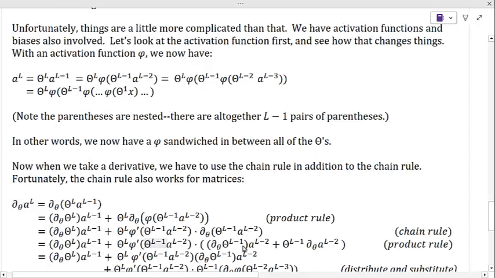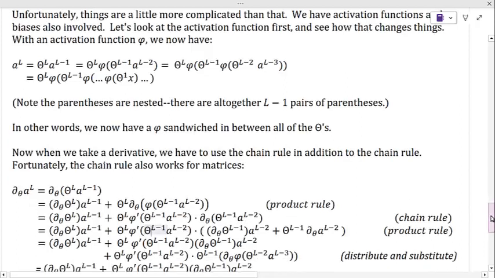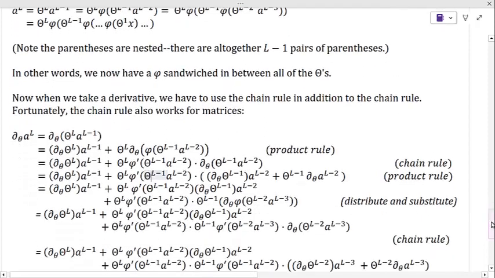Okay? So this stage is reminiscent of this stage. Here I took the derivative of theta L, AL minus 1. Here I'm taking the derivative of theta L minus 1, AL minus 2. So you can guess that this procedure is going to iterate layer by layer. So here I've used the product rule. I've written this out.